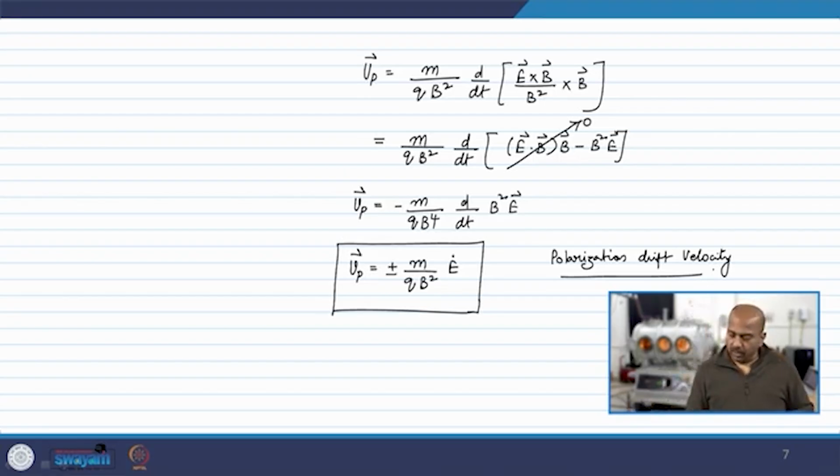So, we can rewrite this expression using the gyration frequency omega c as qB by m, and we can write Vp is equal to plus minus 1 by omega c B times E dot.